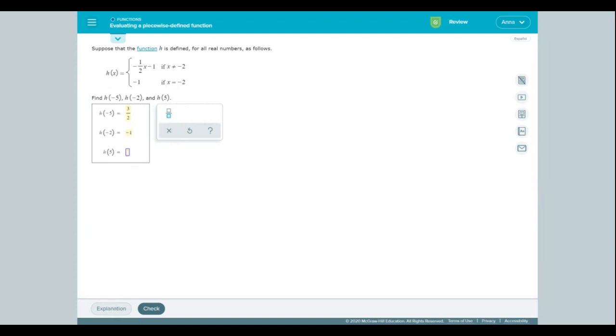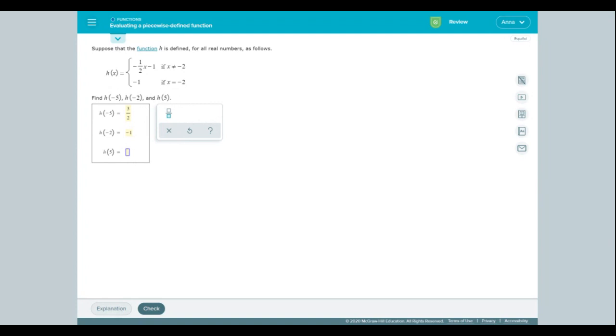And then for x equal to 5, it's almost the same process as the first one. I'm going to do -1/2 times 5 over 1 minus 1. Then I get -5/2 minus 1, which I can rewrite with 1 as 2 over 2.